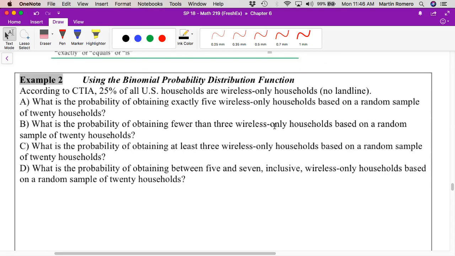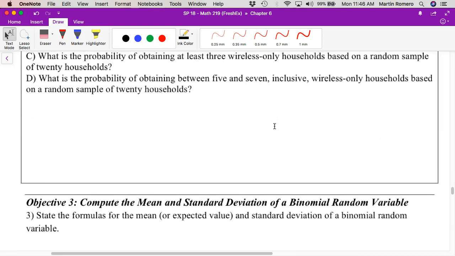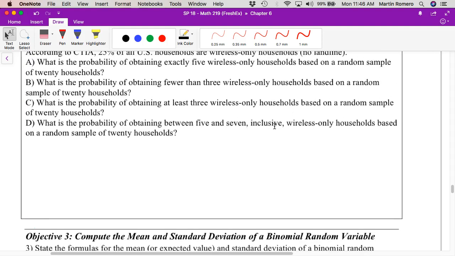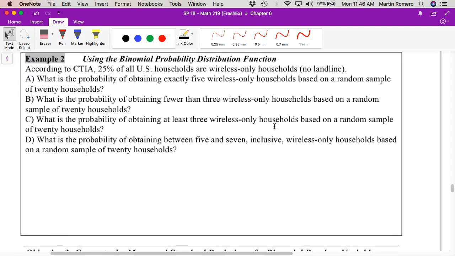So let's go ahead and calculate these probabilities. The first thing we want to do: according to CTIA, 25% of all U.S. households are wireless-only households, no landline. They only have cell phones. What is the probability of obtaining exactly 5 wireless-only households based on a sample of 20 households?